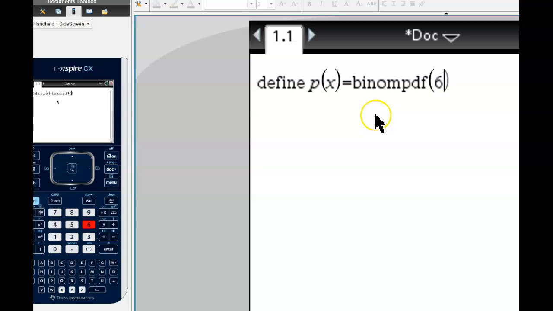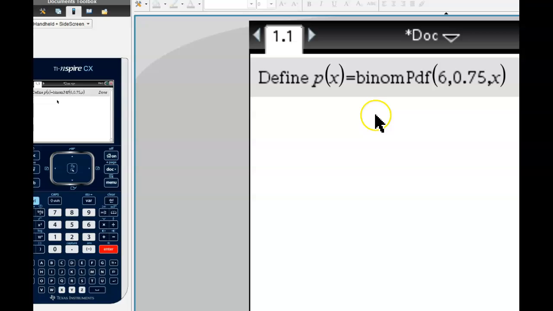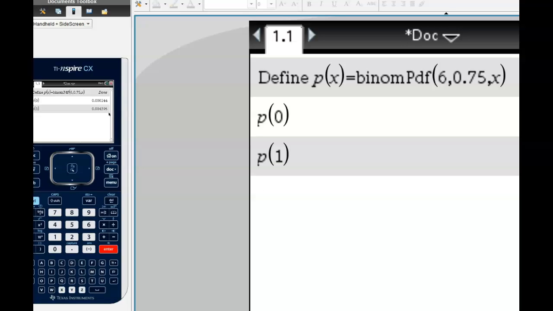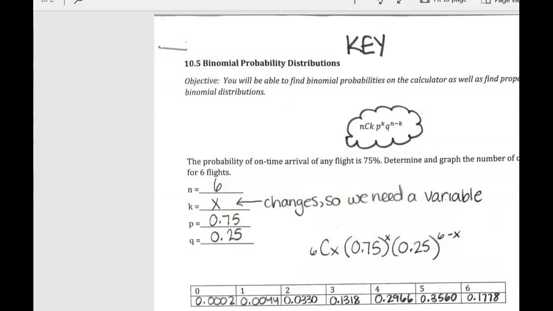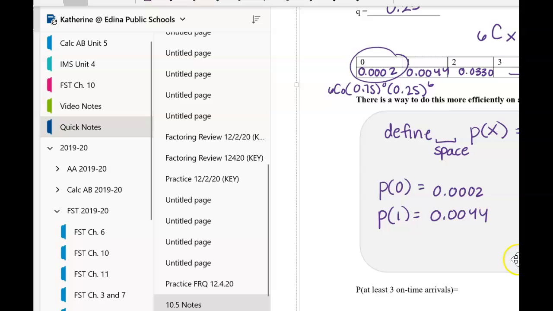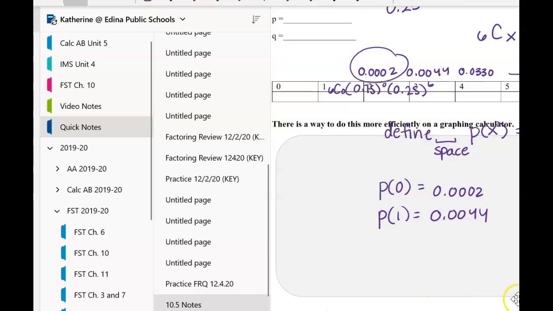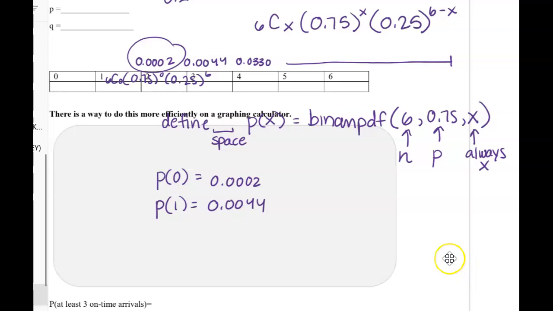We're going to do 6, which is our n, 0.75, which is our p, and then x, close the parenthesis, then press enter, and it'll always say done. Like done, we've stored the function. So then define P of 0, enter, 0.0002, and that's just what we had over here, right? P of 1, 0.004395, okay, or 0.0044, just like what we had. Oops, sorry. It is the key, but it's not what I meant to show you. Okay, so now let's go back here for a second.